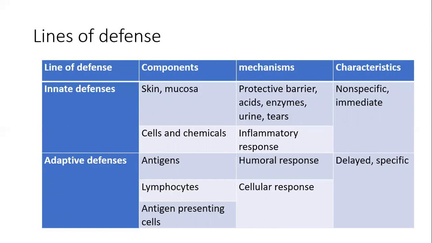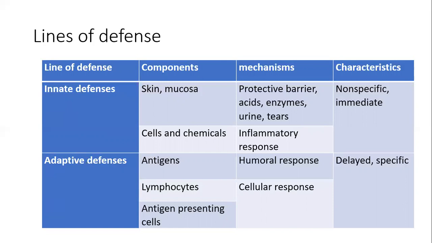Well, there's a protective barrier. The skin has an acid mantle, so does your GI lining. There are enzymes in your GI lining and in mucus and in urine, and tears are acidic, and tears also contain enzymes. So those are all different types of mechanisms.